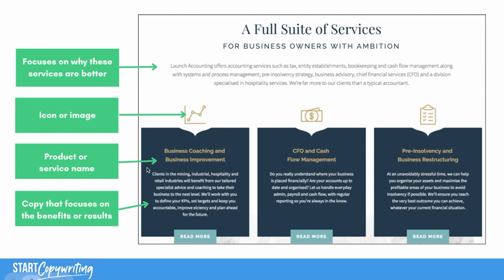And then there's a short paragraph of copy under each service that focuses on the key benefits and results of this service. It doesn't just say why the service is good, but they mention how the service benefits the customers. And then if the visitor wants to read more information about any of these services, they can click on the Read More button and go to a separate page for each individual service.